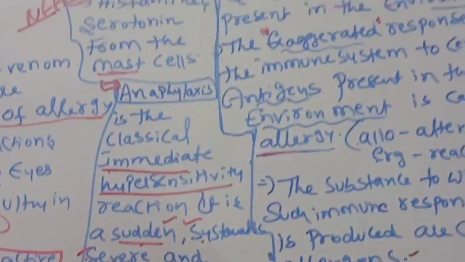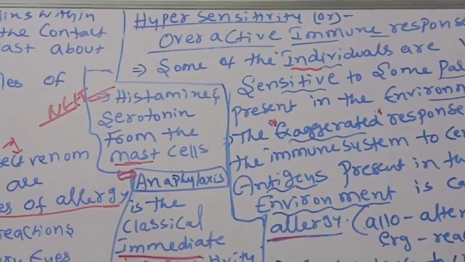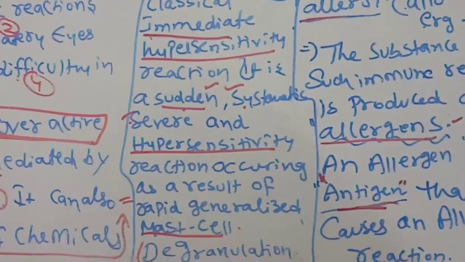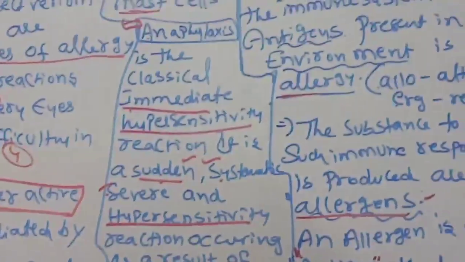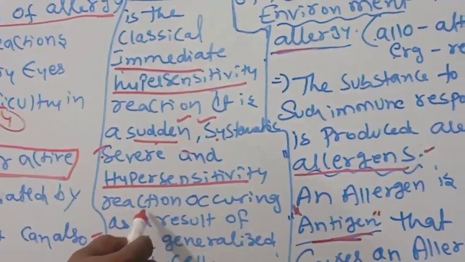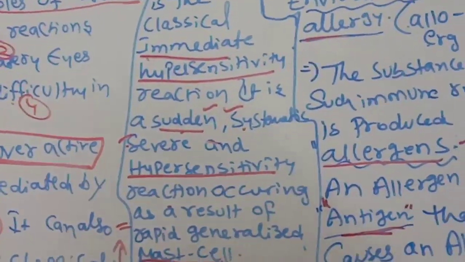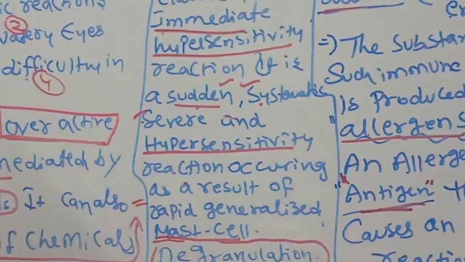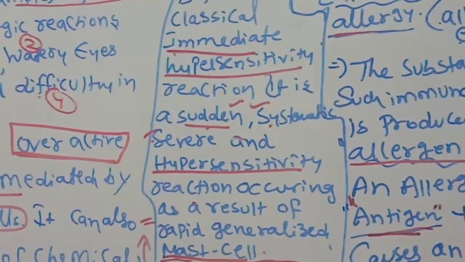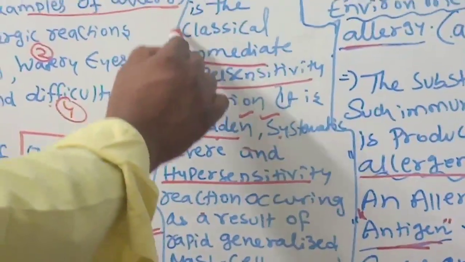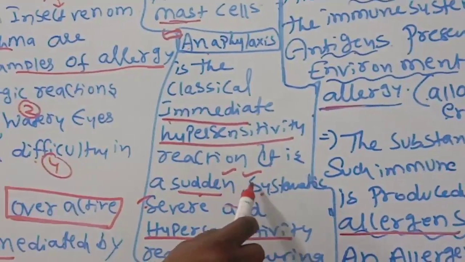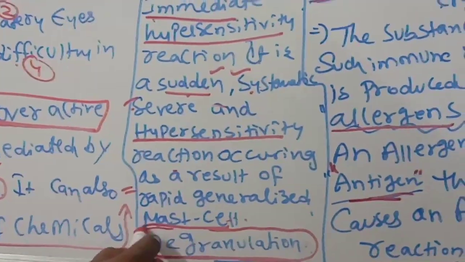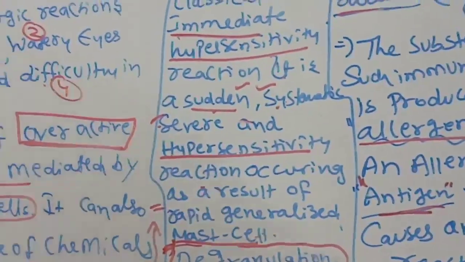This hypersensitivity will be very dangerous, and sudden death can also take place. Degranulation means granules like histamine and serotonin come out from the mast cells, and that causes anaphylaxis. So this is about hypersensitivity.